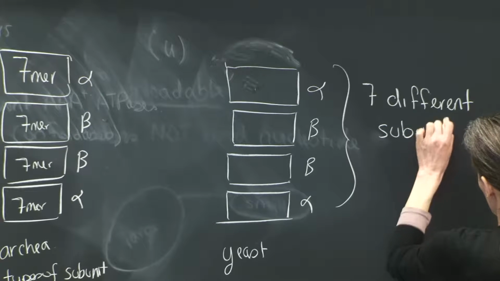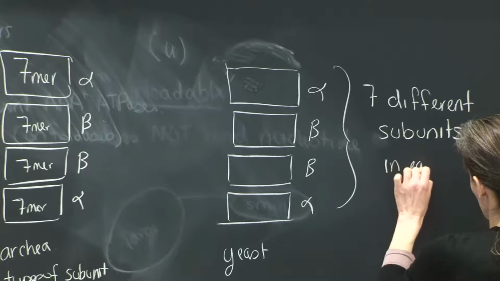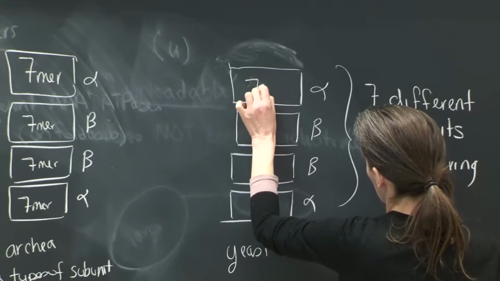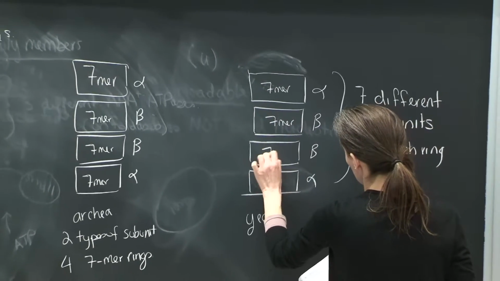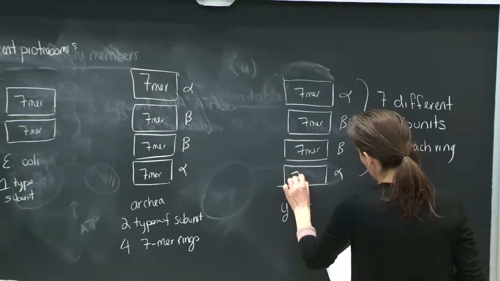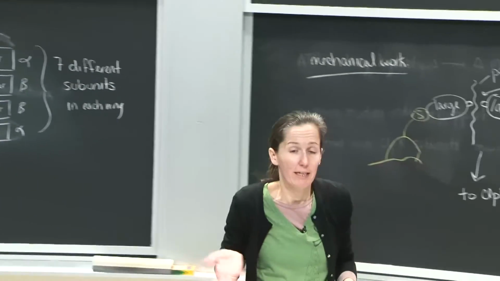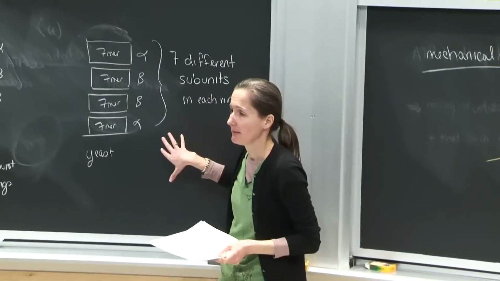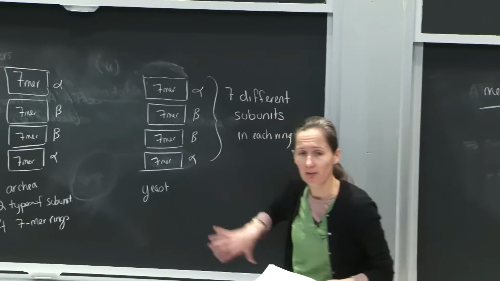There's a depiction of this in the notes. Just imagine, how does this get assembled? I have no clue. But somehow each of these rings has to be assembled with 7 different subunits, and then they're put together in this series of 4 rings.